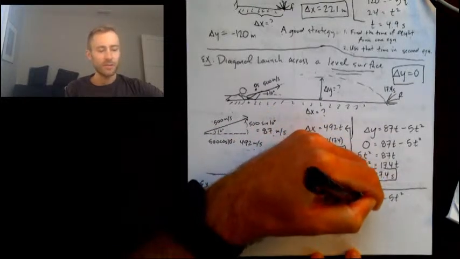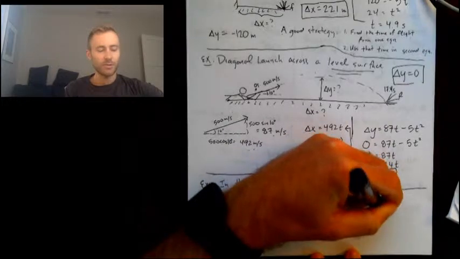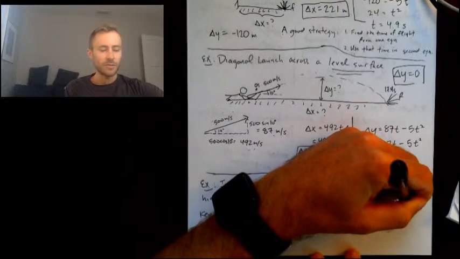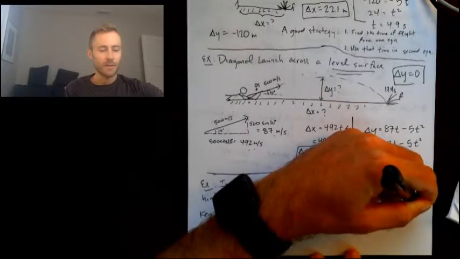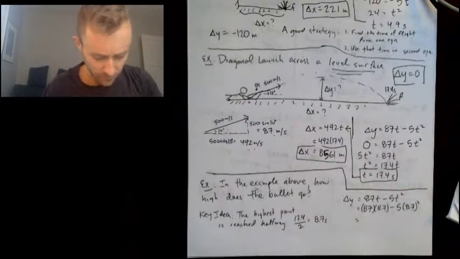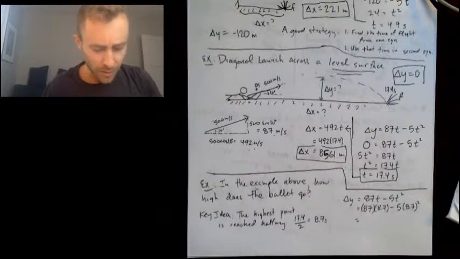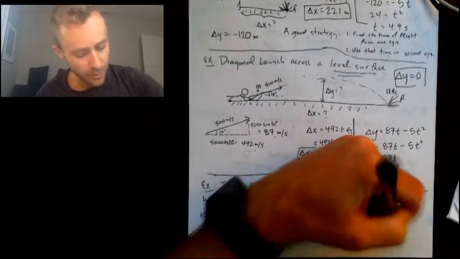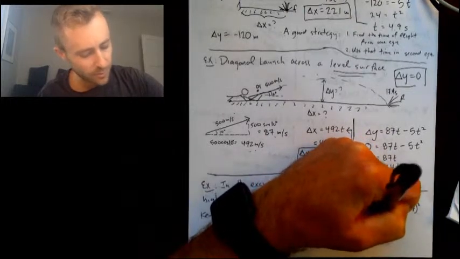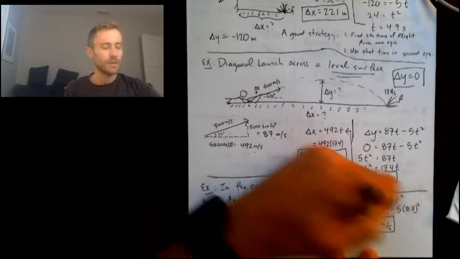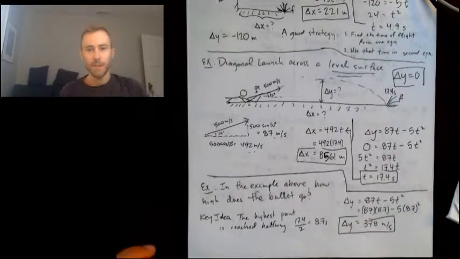So I have 87 times 8.7 minus 5 times 8.7 squared. And that gives that the maximum altitude of the bullet is 378 meters per second. And that's our answer. Okay?